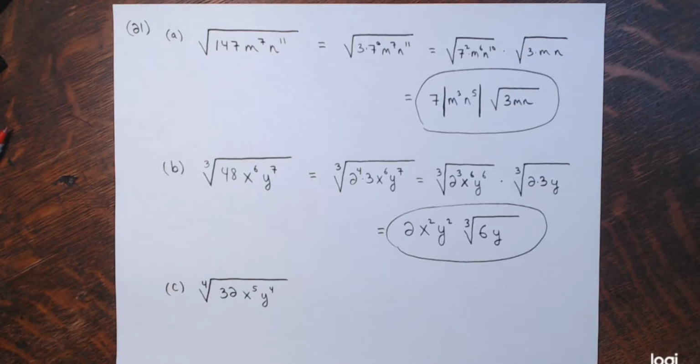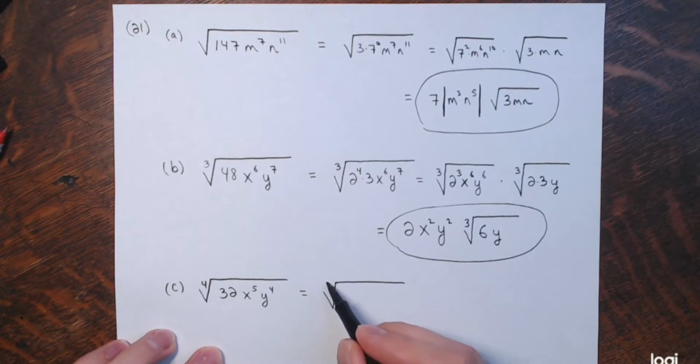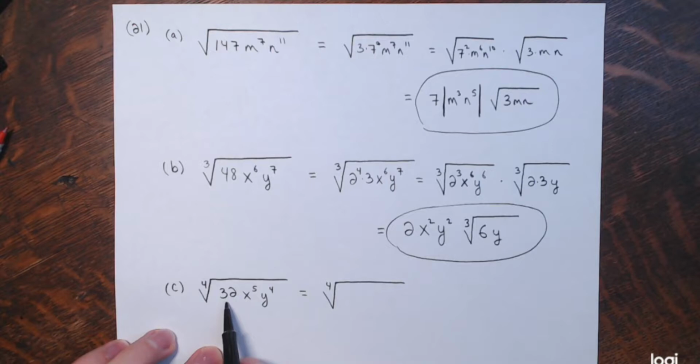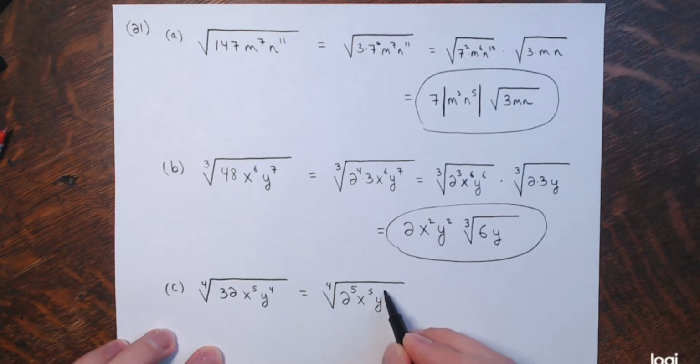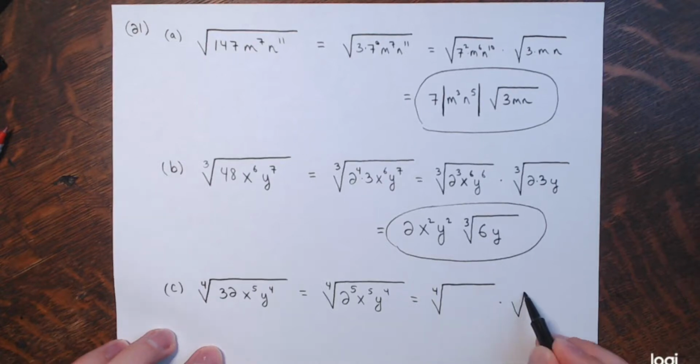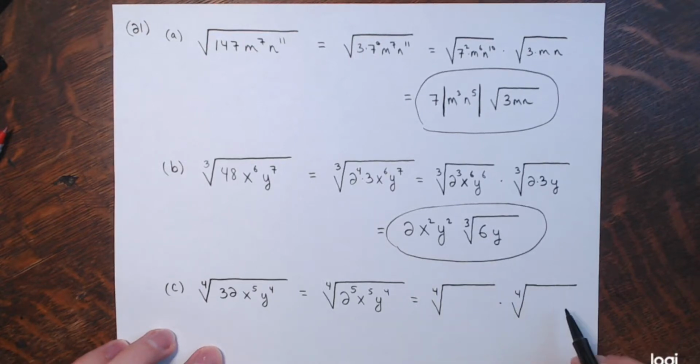Great. Alright, see, I'm doing a 4th root. So once again, first thing I'm doing is factoring the radicand completely. 32 is 2 to the 5th. And then you have x to the 5th, y to the 4th. Then a product property. 4th root of 4th powers times a 4th root of non-4th powers, right?